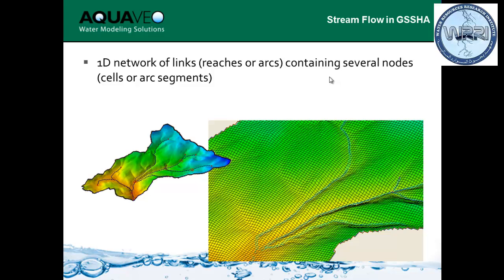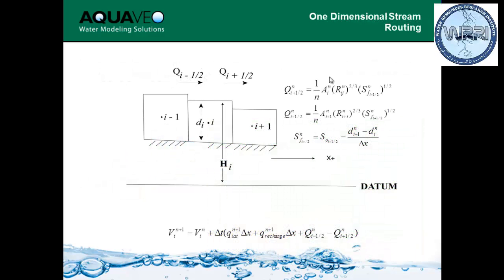So the terminology in GSSHA for arcs is a link, and the terminology for segments along the arc is nodes. GSSHA uses one-dimensional stream routing, and this is just a form of Manning's equation. Manning's equation is that the velocity equals 1 over n times R to the 2/3 times S to the 1/2, right?